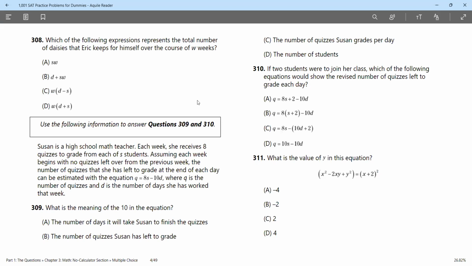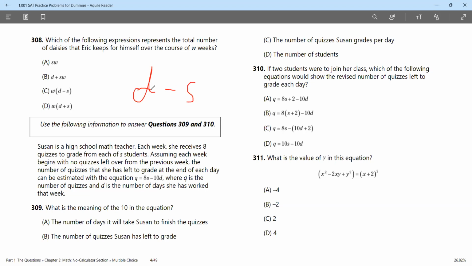308 is also related to this question. Let's read it. Which of the following expressions represents the total number of daisies that Eric keeps for himself over the course of W weeks? He collects D daisies, and then he gives his sister S, so he subtracts S from the total D that he collects.